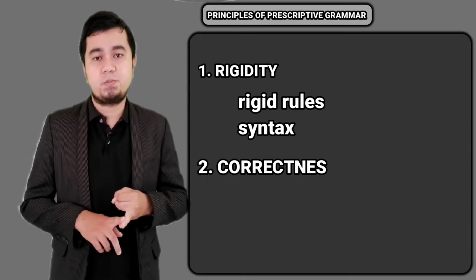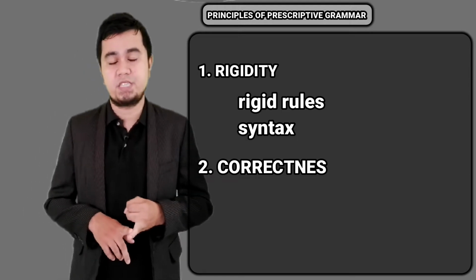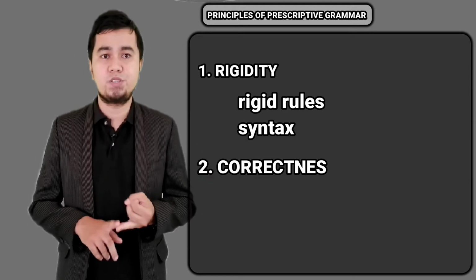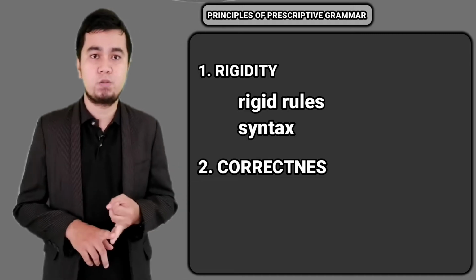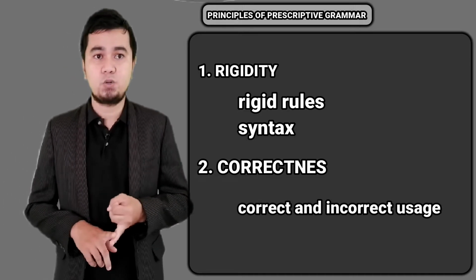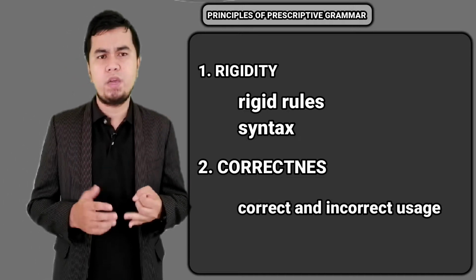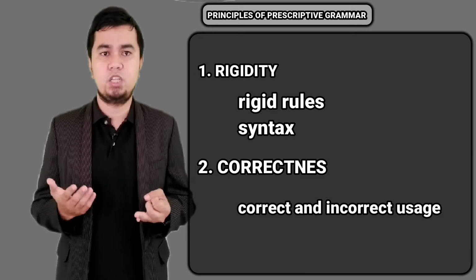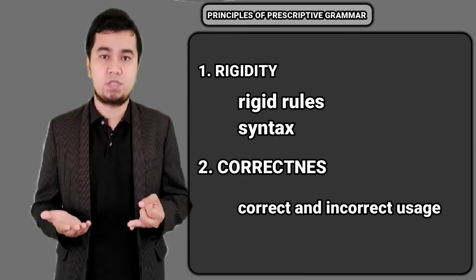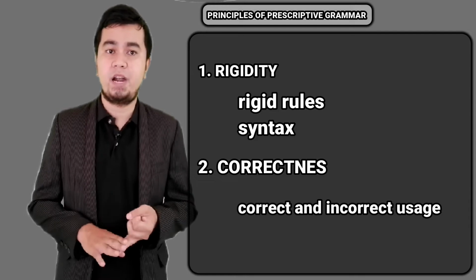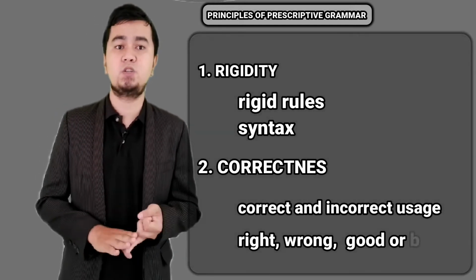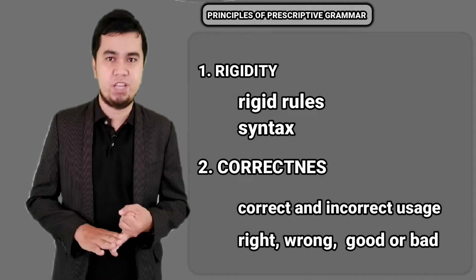The number two is correctness. This is the next principle of prescriptive grammar. When we say correctness, grammar is concerned with establishing the norms of correct and incorrect usage. So in formulating these rules based on the norms to be followed by the language users, it is the grammarian who decides what is right or wrong, or what is good or bad in the language.